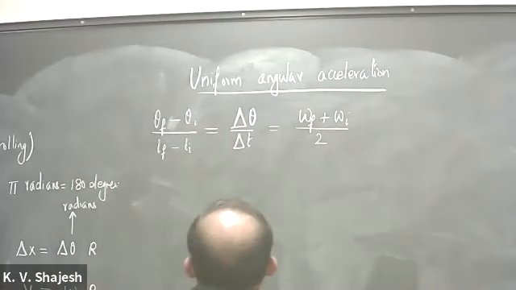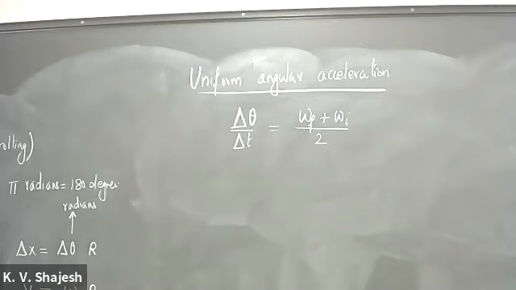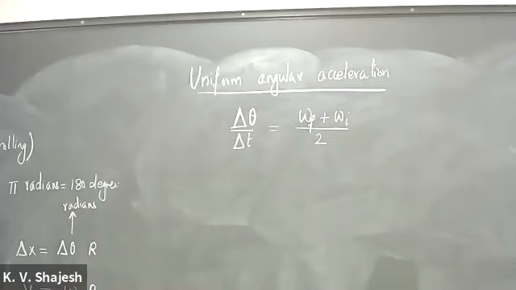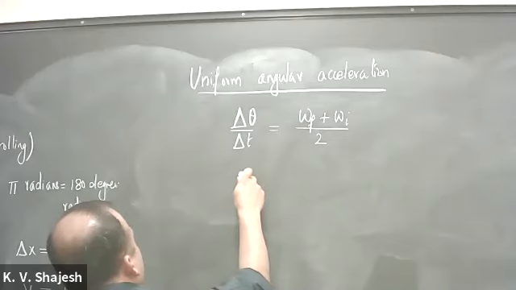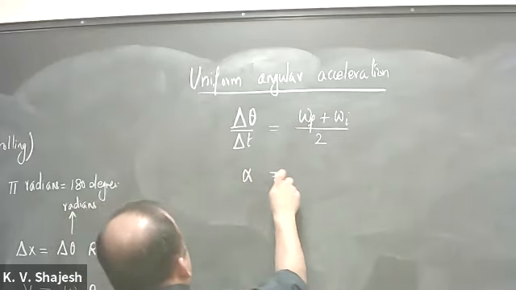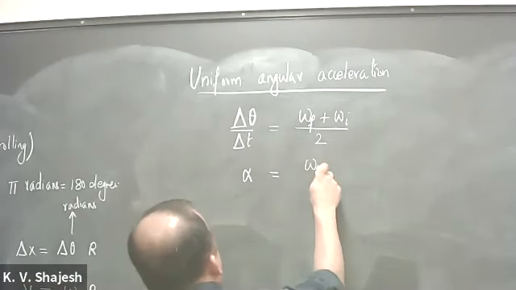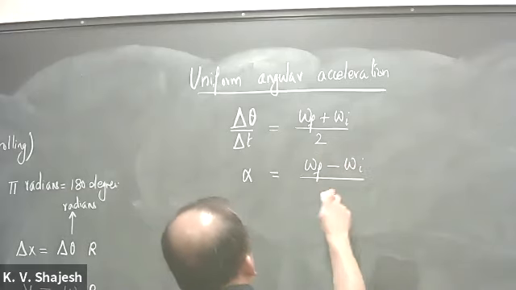So we will use this relation. That's your definition for angular velocity, if it is uniformly accelerated. Only if it is uniformly accelerated. The other definition of angular acceleration, this will be equal to omega final minus omega initial over delta t.